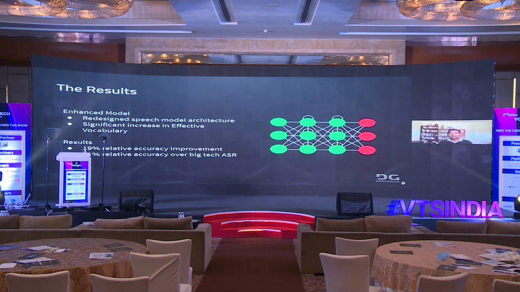To highlight just a couple of them, one, it resulted in 19% relative accuracy improvement. As you know, that's huge. And second, our new model has 31% relative accuracy over a big tech ASR provider. In other words, you can experience best in the industry accuracy out of the box.